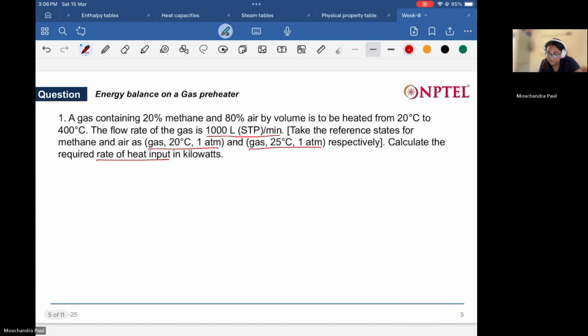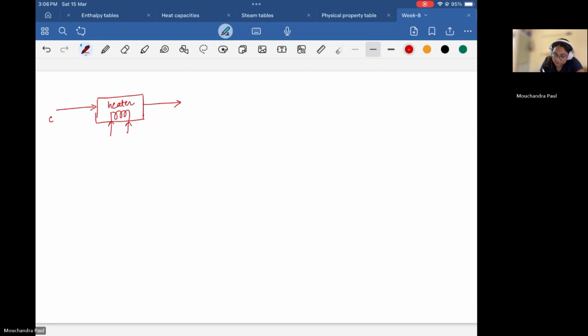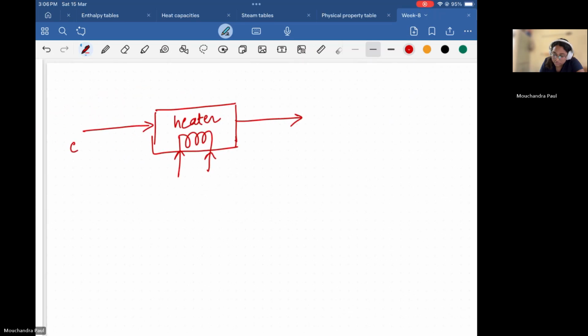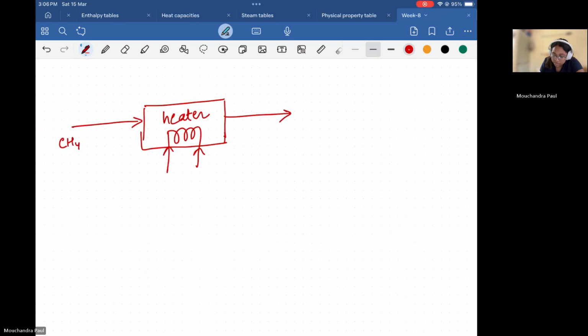Initially, the gas contains 20% methane and 80% air by volume. So methane is 20%, air is 80%. Since it is just being heated, the composition of gas will remain the same after heating as well.